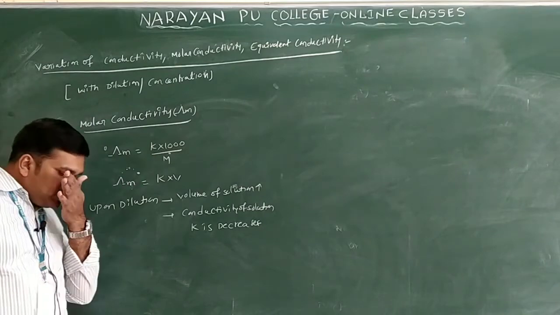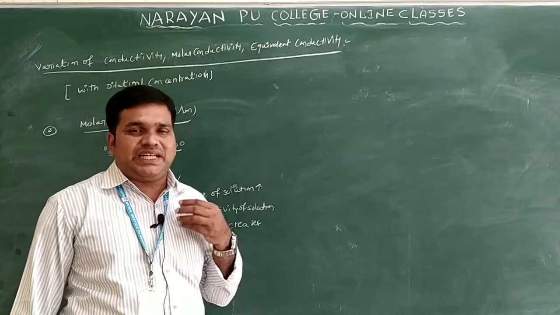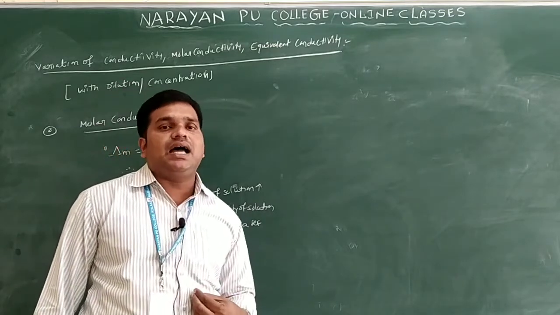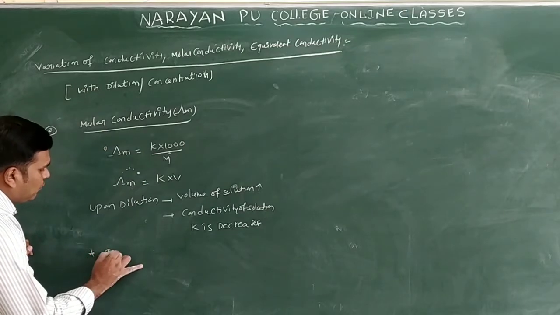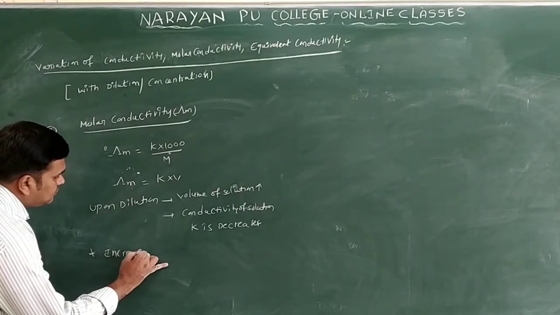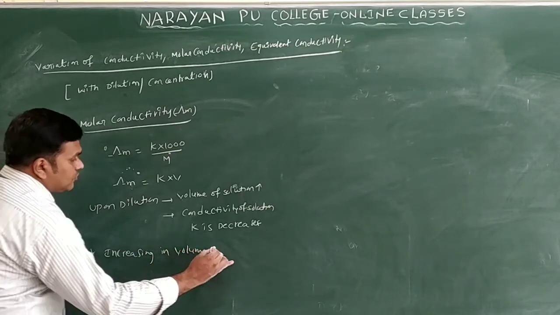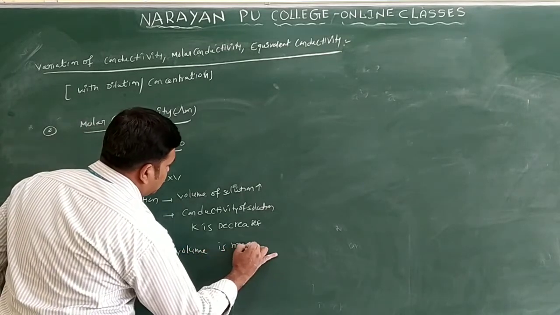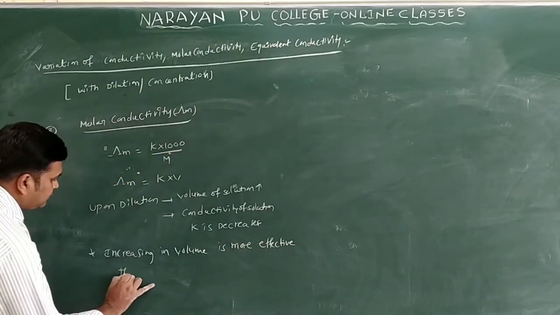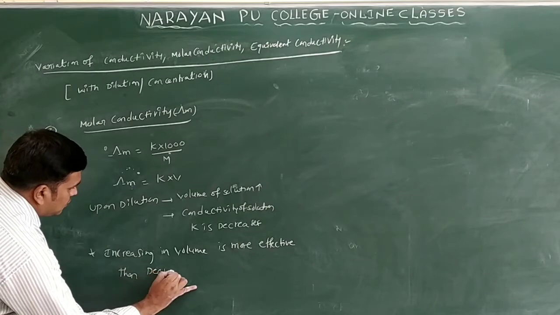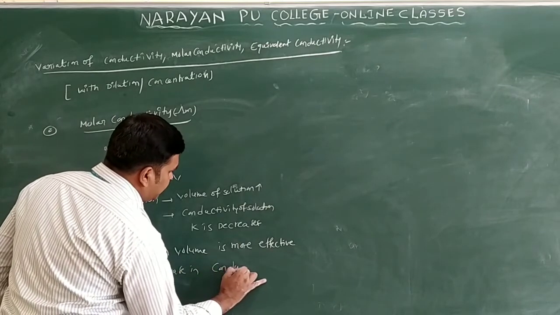One increases, one decreases. The increase in the volume is more effective than the decrease in the conductivity of the solution only. I will write one point here: increase in volume is more effective than decrease in conductivity.